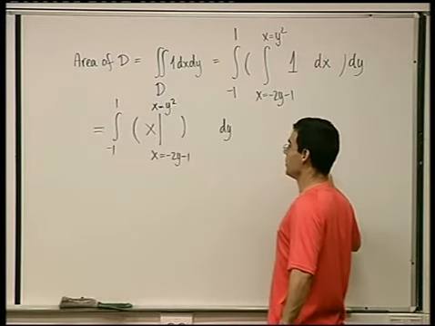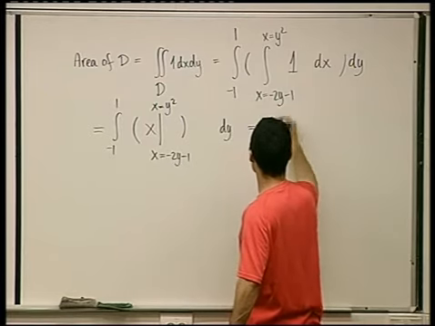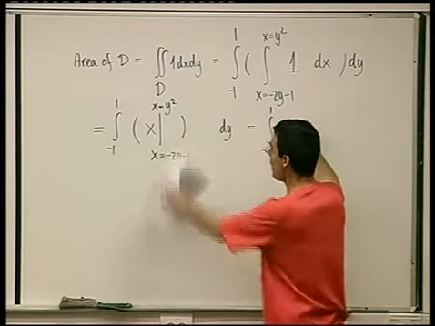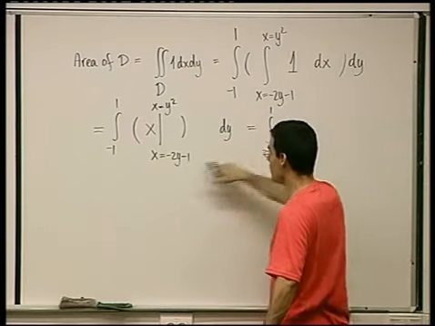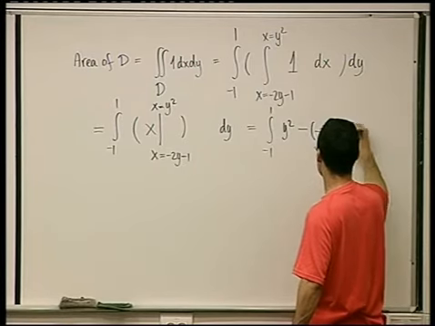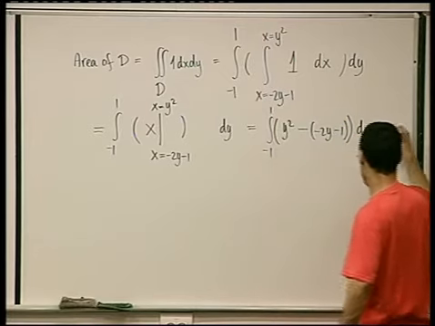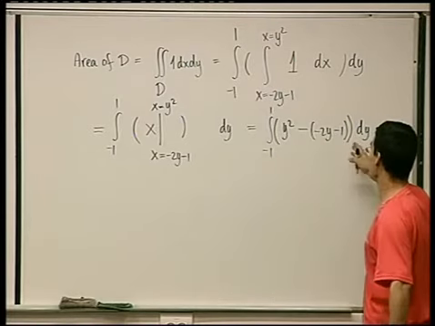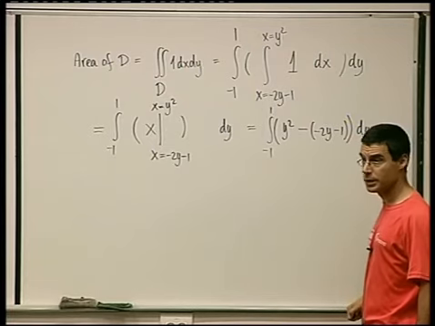All of this I have to integrate dy. So I get the integral from minus 1 to 1 of, plug in the upper value, y squared, minus, plug in the lower value, minus 2y minus 1, and integrate all of this dy. At this point, after I solve the integral dx, there should be no x's left. It should be all y-ish, and it is.